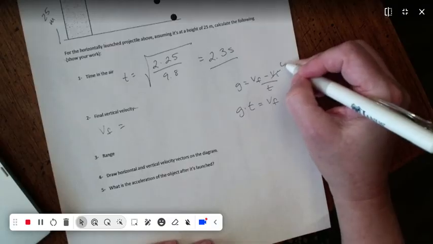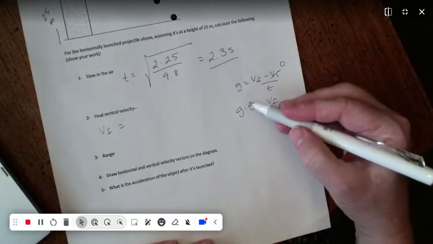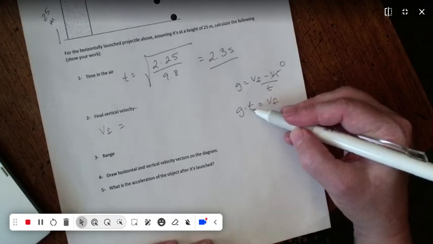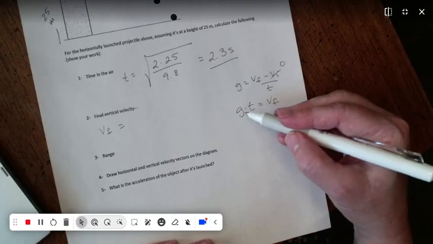This is 0. Okay. And think about it as it's been in the air for this amount of time, and for every second of that time, it is accelerating by 9.8 meters per second. Each second.